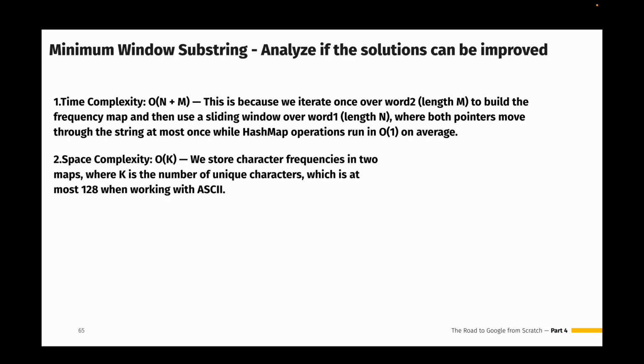And the space complexity is O(k), because we store character frequencies in two maps, where k is the number of unique characters, which is at most 128 when working with ASCII codes. And in the next video I will show you another approach, how you can optimize this solution using ASCII codes of characters. So thanks for watching, and we will see in the next video.